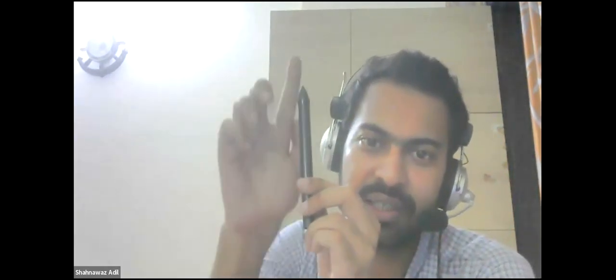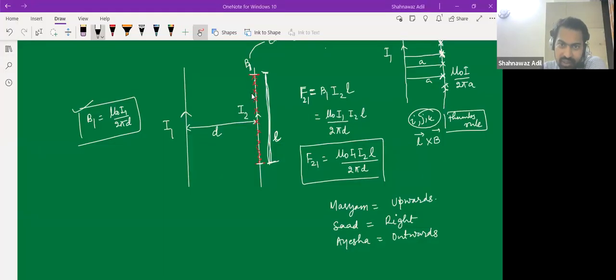This is our L, and this is our magnetic field. If we curl our fingers in the magnetic field direction, what is the direction that we are getting? Left. Okay, so this is the left direction. This is F21, so this is minus I. Correct.